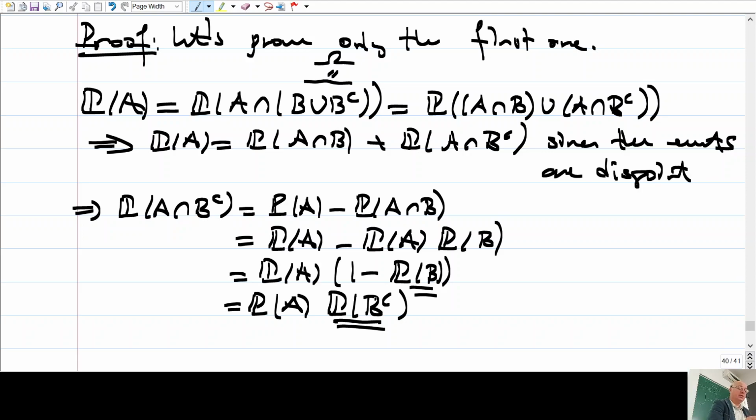Therefore, 1 minus PB is just PB complement. So what we have seen is that the probability of A intersection B complement is just PA times PB complement. Hence, A and B complement are independent.